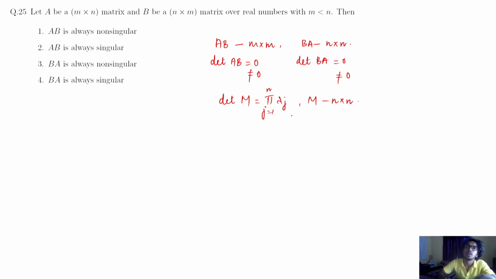If so, we can write down the determinant in this way. If one of the eigenvalues is 0, then clearly the determinant is 0, hence the matrix is singular. So that is what we are going to examine.